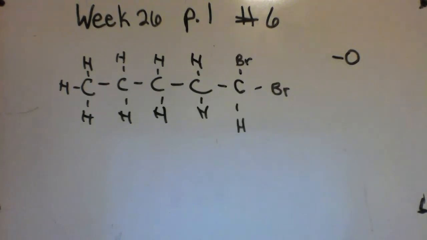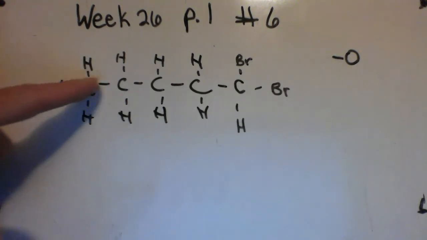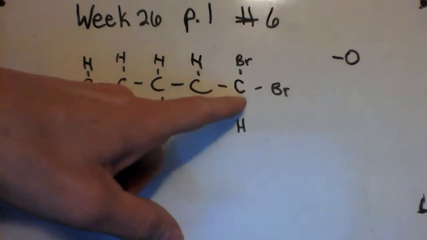Now, before we can use the term bromo, we have to figure out what type of hydrocarbon is the parent carbon chain in this particular molecule. And we do that by counting the number of carbons in the chain. 1, 2, 3, 4, 5.